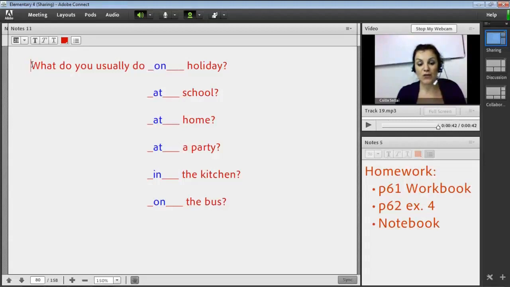So I want you to ask your partner, for example, what do you usually do on holiday? Okay, and then your partner is going to answer your question and ask you the next one. What do you usually do at school? Okay, so just think of nice and simple answers in pairs just for about 2 minutes. Off you go.